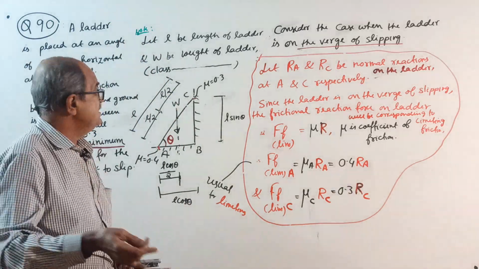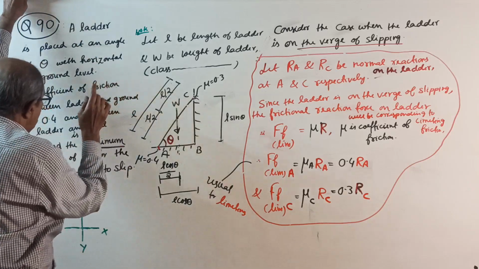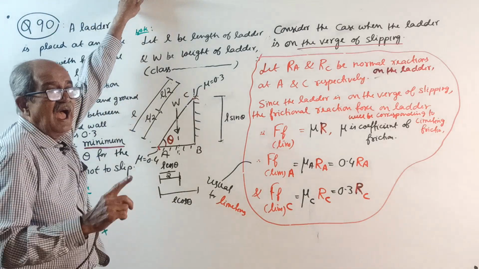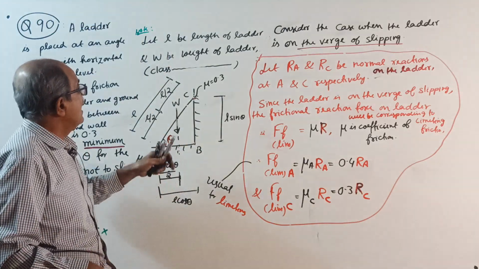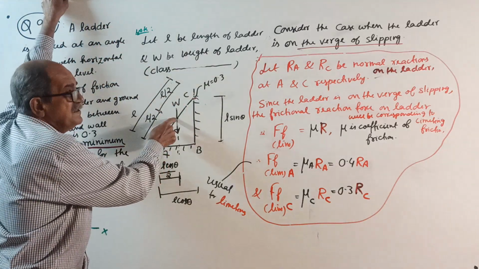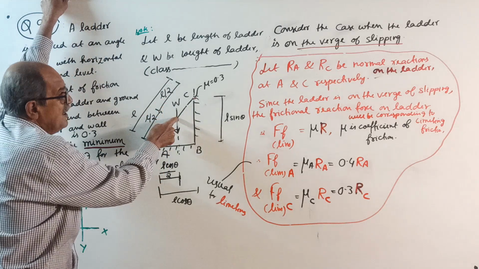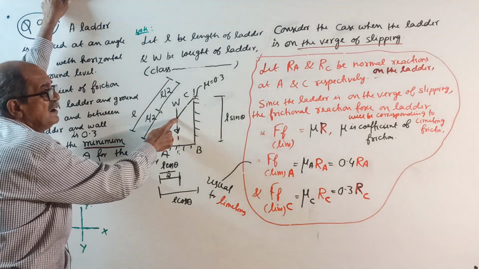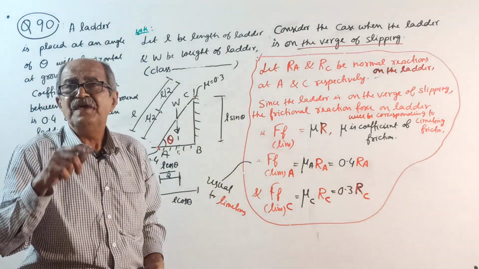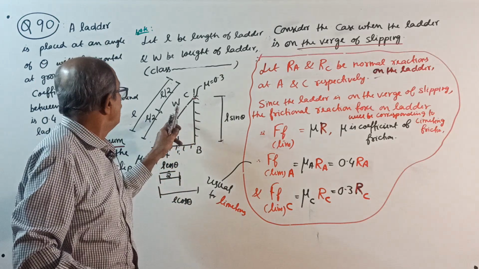Immediately my next question is the same type of question where I will change the friction coefficient and ask for the angle with the vertical, and it's a numerical question. The weight of the ladder will not be at the midpoint. I will say the center of gravity of the ladder is at a given point along the length, not at the midpoint.